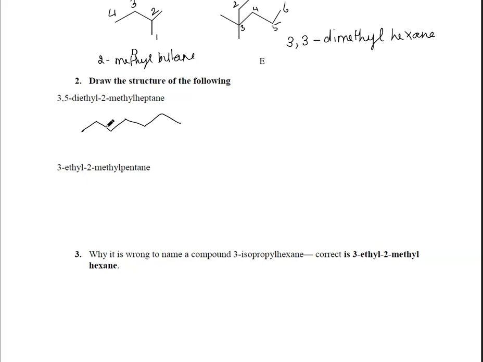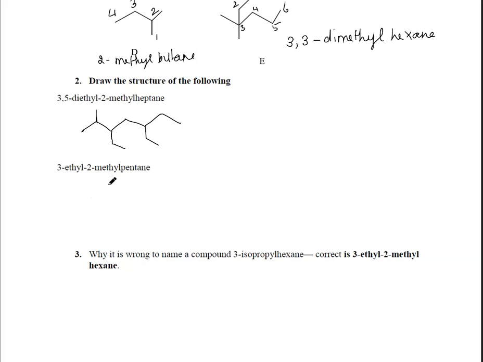Then at the third position, we have an ethyl group, and at the fifth position, we have another ethyl group. Then at the second position, there is a methyl. So this completes the drawing of this molecule.